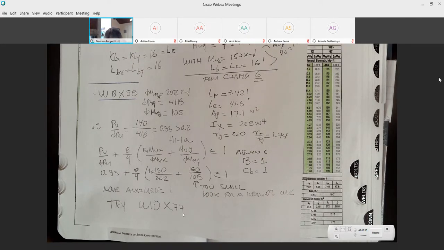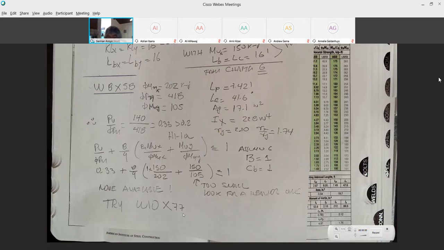Any question why I went to W10 by 77? Only reason that I did it because W8 by 58 was way, way too small. So I went to the different group, W10 and with a heavy one. And I did exactly the same that I did before.